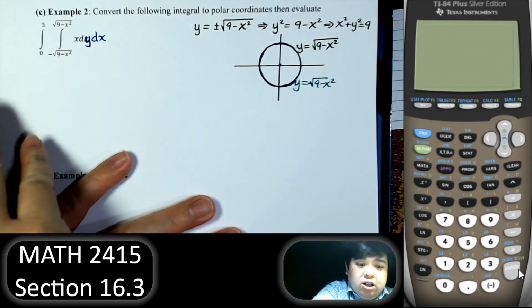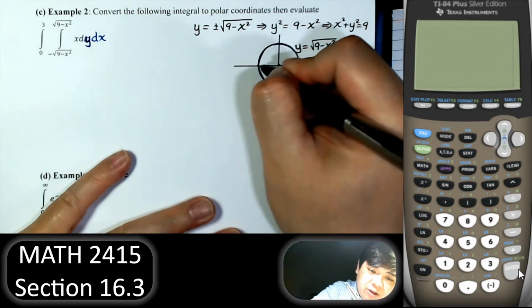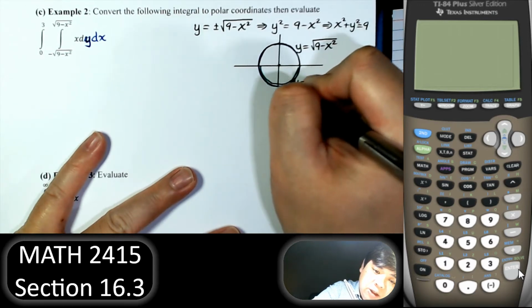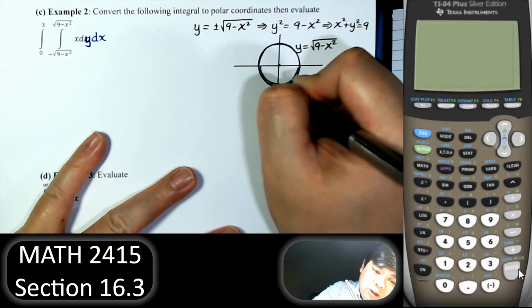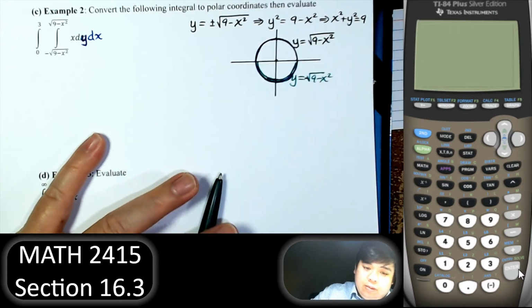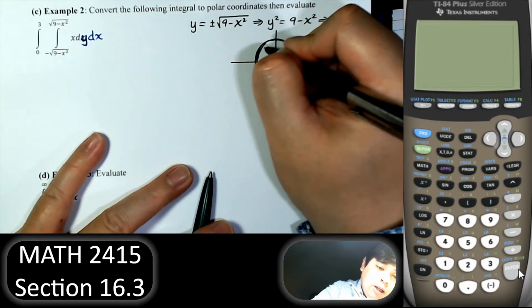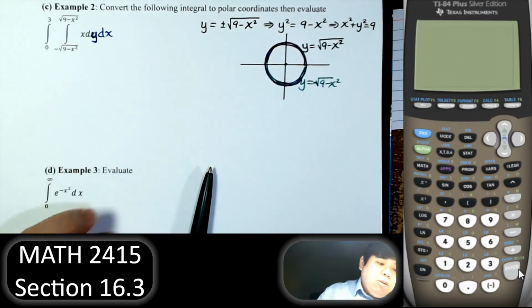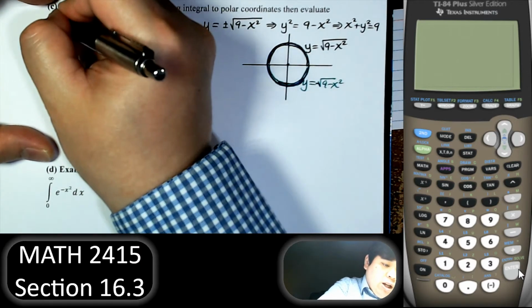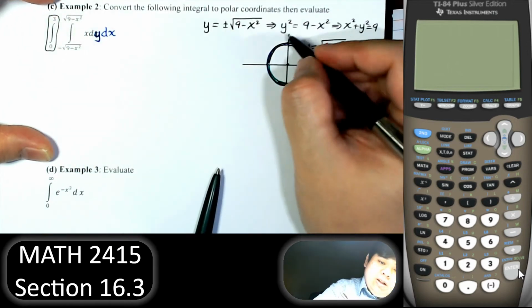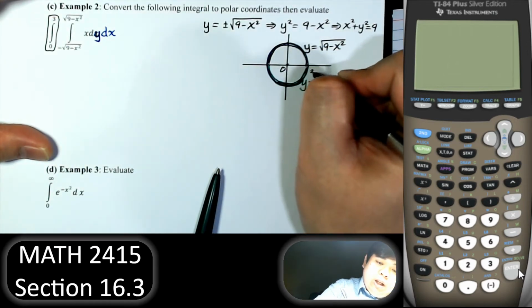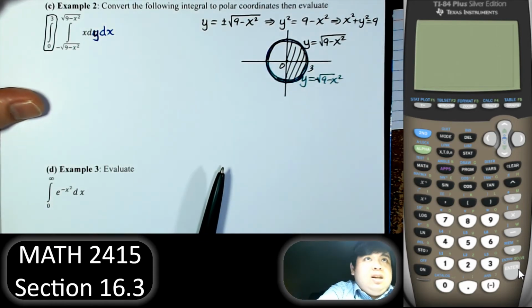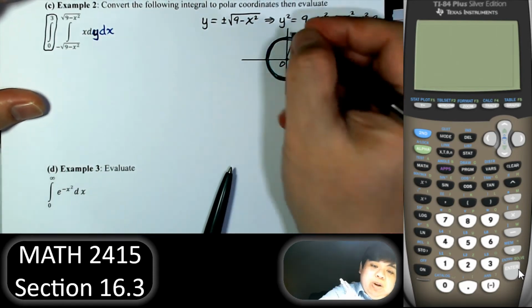So the positive one is above, the negative below. So that is the limit of y. Now, but more importantly, the x here goes from 0 to 3. So we only talk about the right half of the disk. So that is the region R.